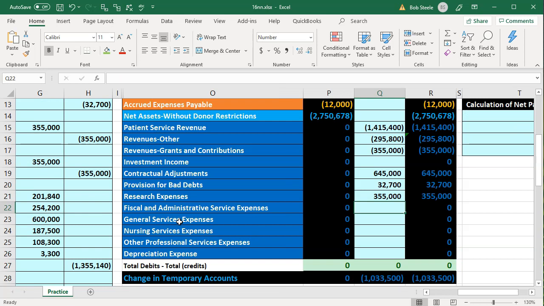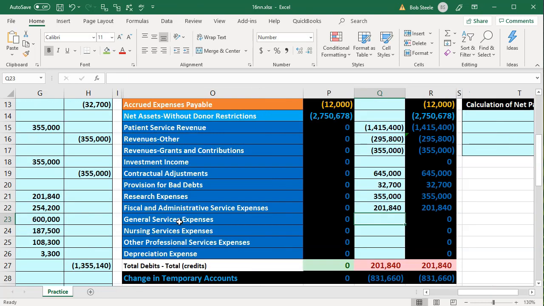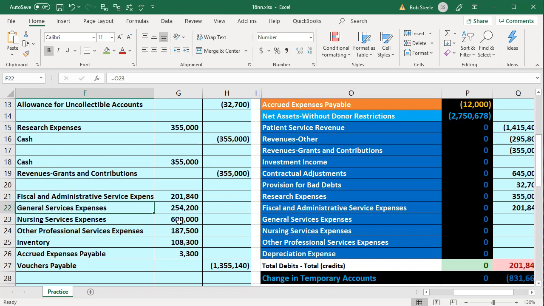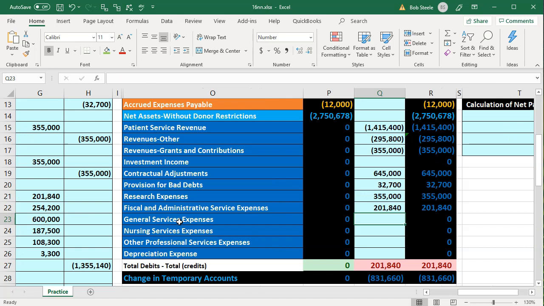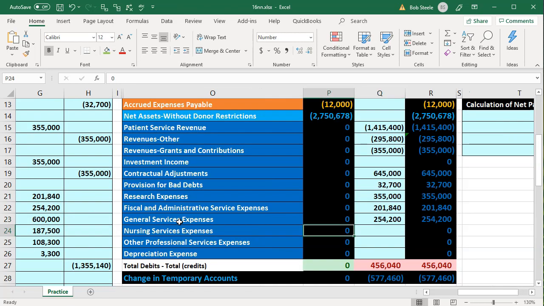Within Q22, we're going to say equals, scroll over to that 201,840, and there we have that item. Next is the general service expense. So general service expense, next one, we are in cell Q23, where we will say equals, scroll over and pick up that 254,200. There we have that.